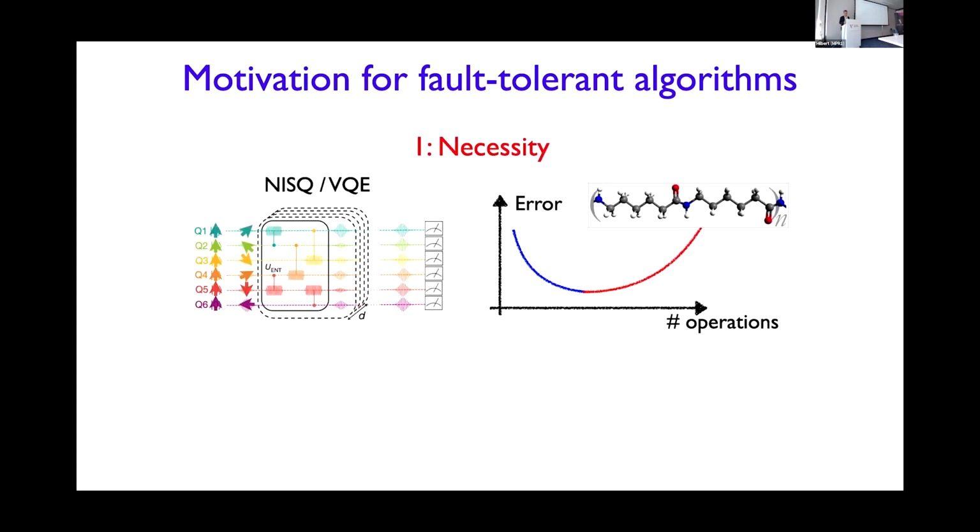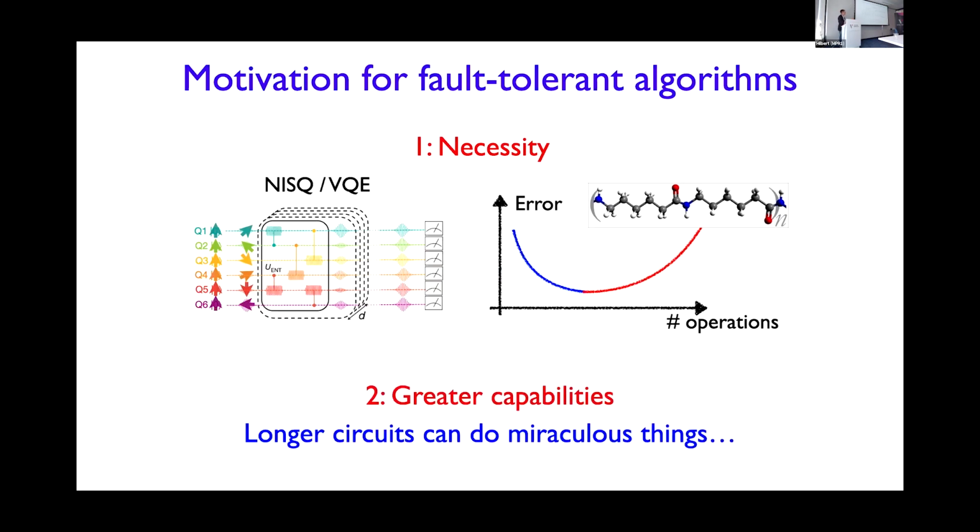If you want to do things on a quantum computer, we need to wait for fault-tolerant architectures for error correction, because whatever advantage you get by doing more operations with the size, eventually errors will catch up with you, and you start generating garbage if you don't do error correction. In the near term, also, with the bigger circuits, you can do various interesting tricks that short circuits do not provide you with.